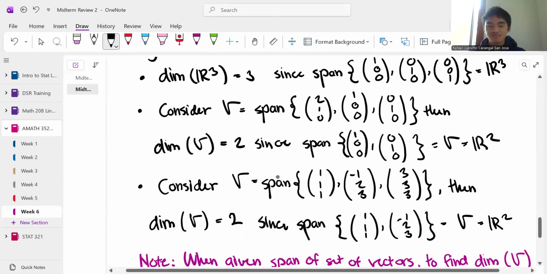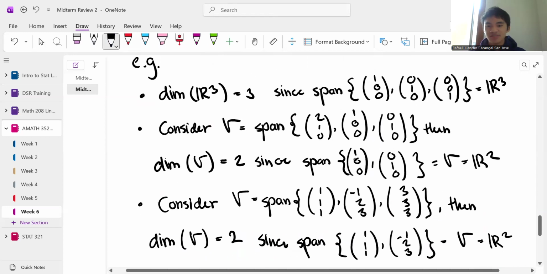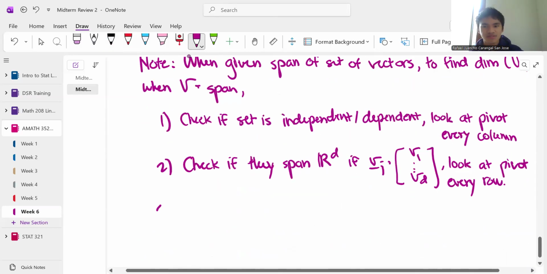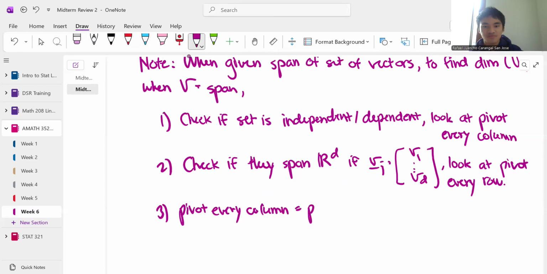Here we can see that pivot in every column is equal to pivot in every row, or actually sometimes it's not equal.